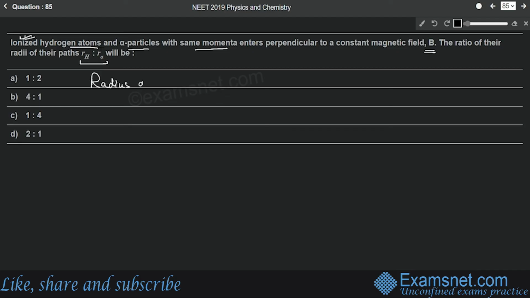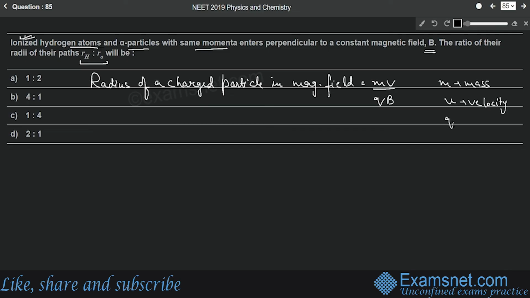Radius of a charged particle in the presence of magnetic field is given as mv by qB. What is m? m is the mass of the particle, v is the velocity of the particle, q is the charge on the particle, and B is the magnetic field.